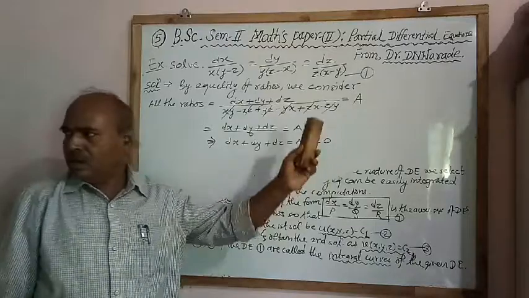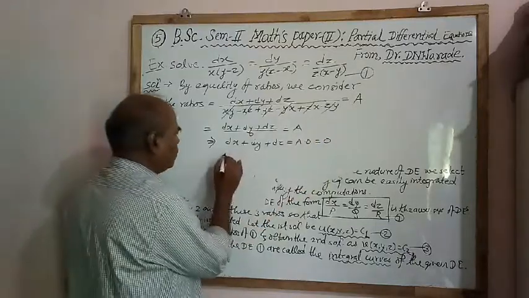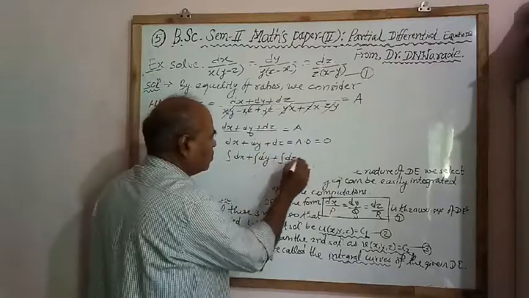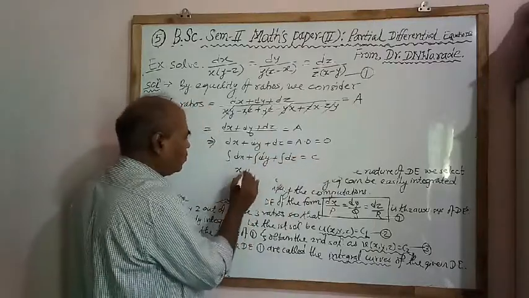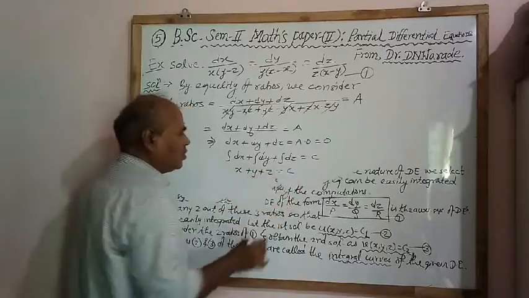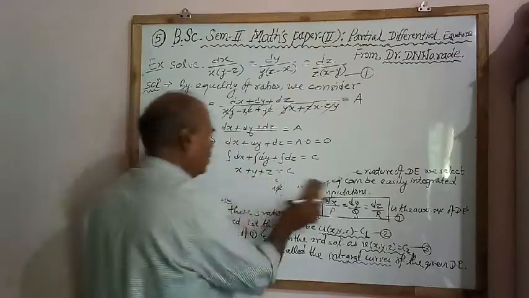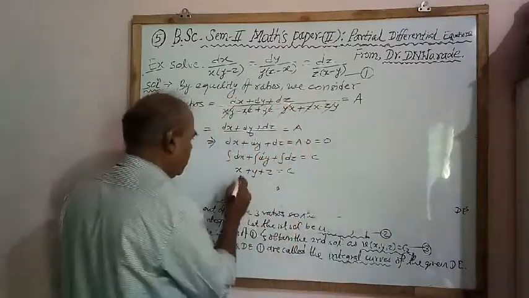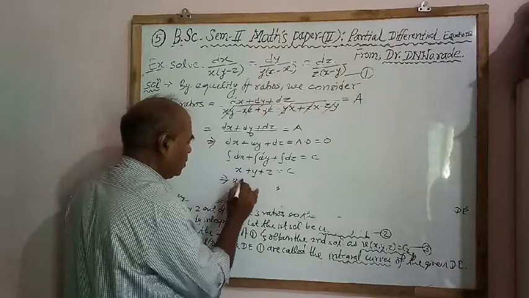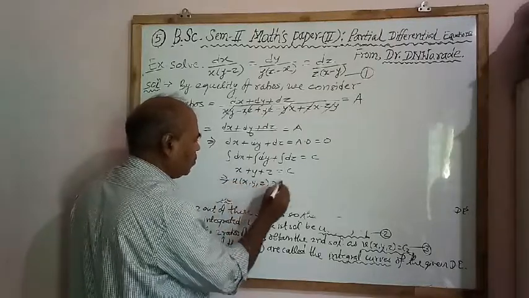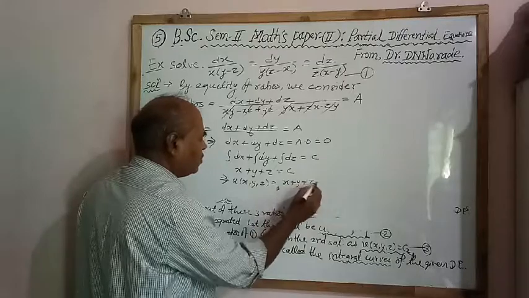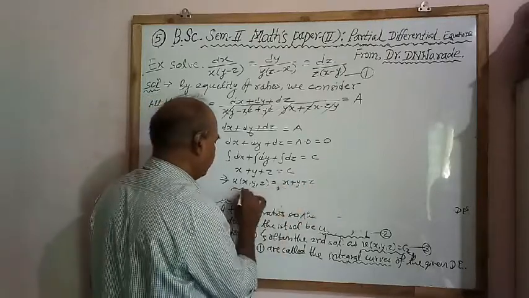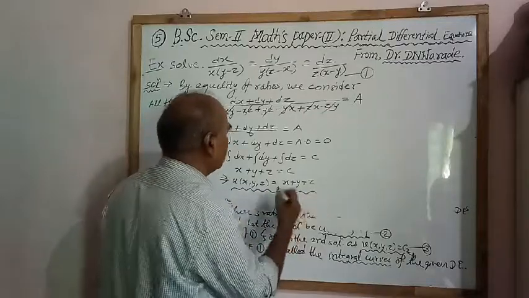Now this can be easily integrated. Therefore x plus y plus z equal to c. Therefore, let u of x, y, z equal to x plus y plus z, which is the first solution.